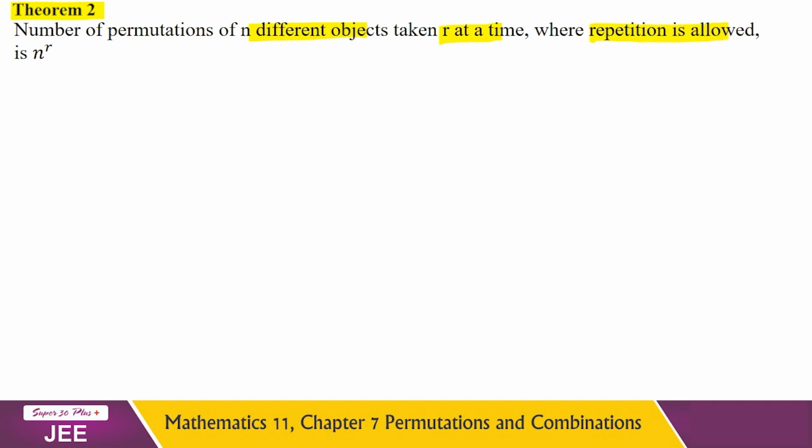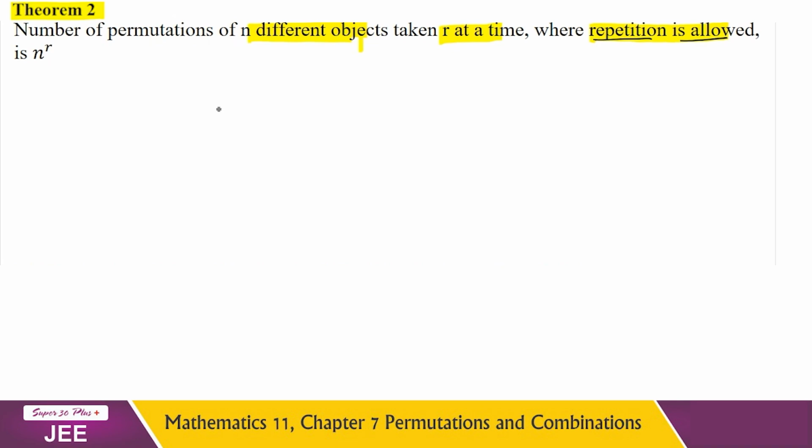In our previous theorems we discussed arranging n different objects taken r at a time, but there repetition of objects was not allowed. Now in this particular case repetition is also allowed. So how are we going to make permutations in this case?